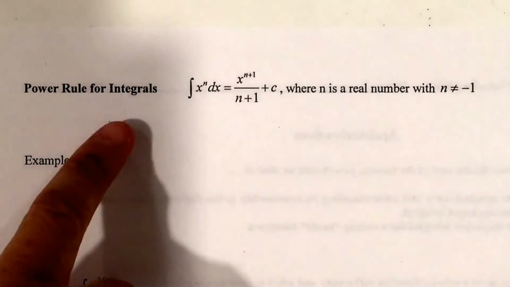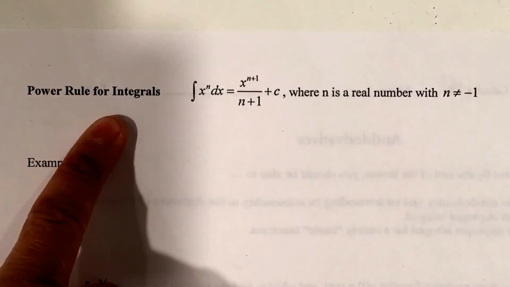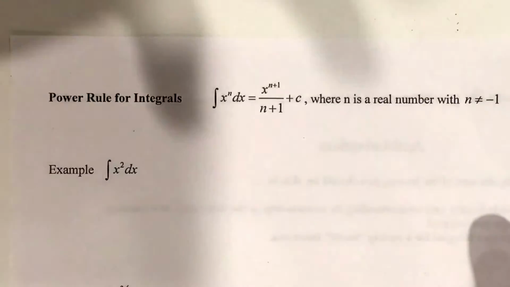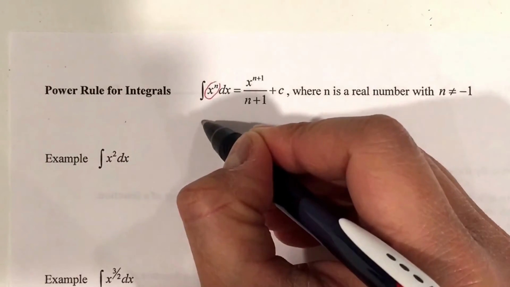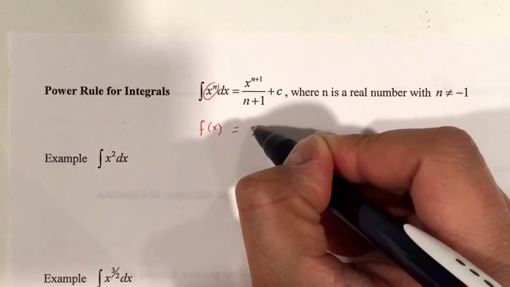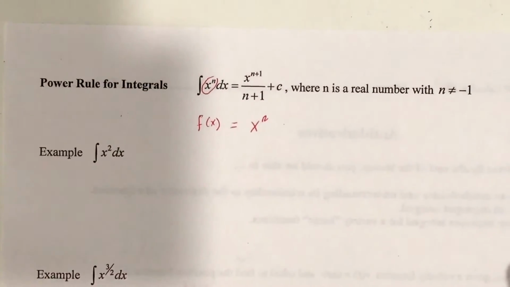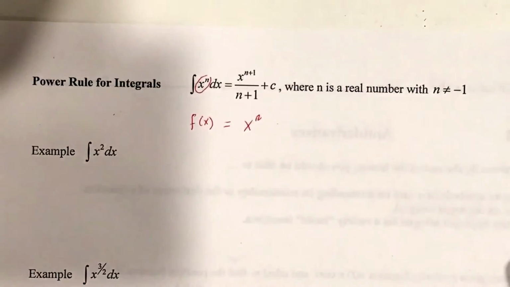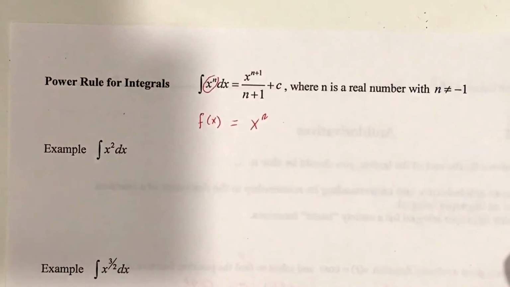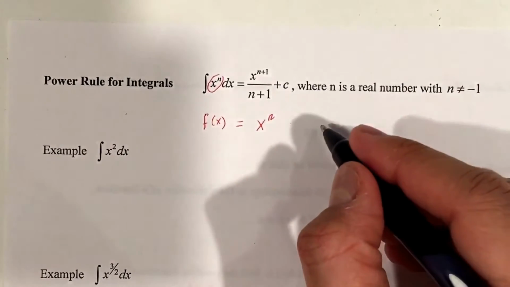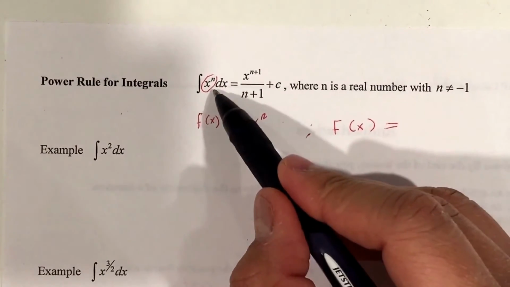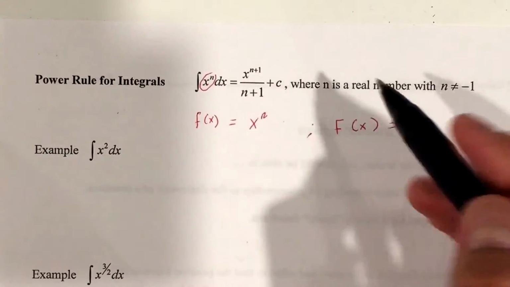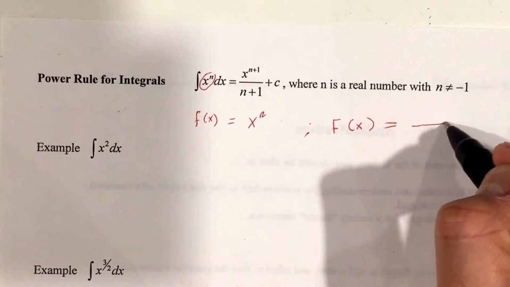Now, it turns out that it is extremely easy to find the antiderivative of any power function. This is an example of a power function right here. Any function that has the form x raised to the n is called a power function, and it is extremely easy to find its antiderivative. So the rule says that to find the antiderivative of a power function, all you have to do is add 1 to the original exponent.